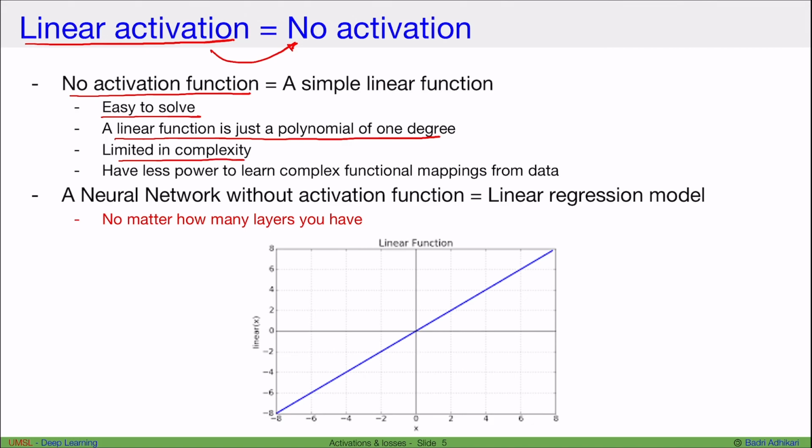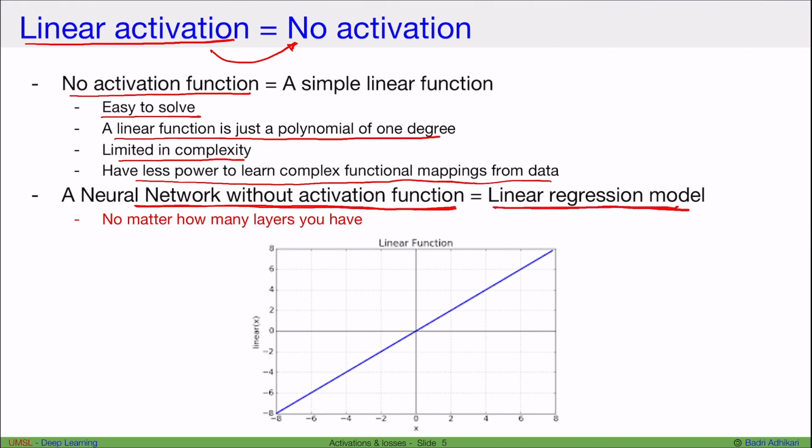A network in which all the activations are linear has very little power to learn complex functional mappings from the data. Basically, a neural network without activation function is a model with linear activation. So a neural network model with all linear activations is equivalent to a linear regression model.